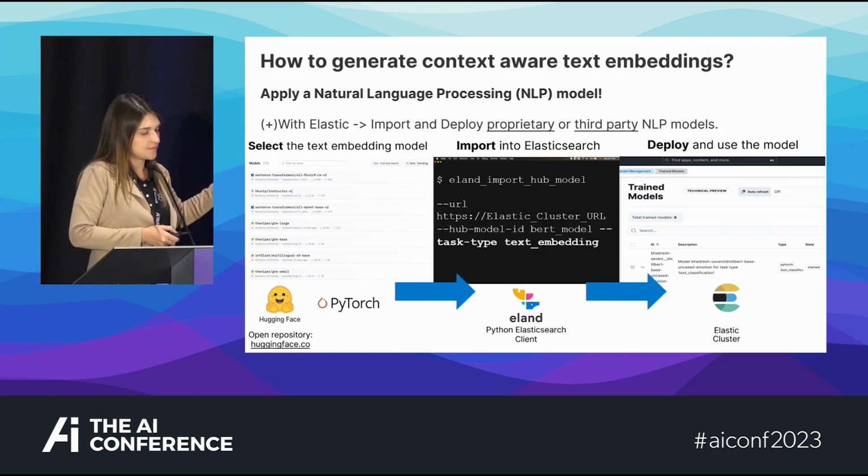So you just deploy it and use it from there. If you have your own model, you can do this too. It just needs to be a PyTorch model, and you use the client directly and import it into Elasticsearch.